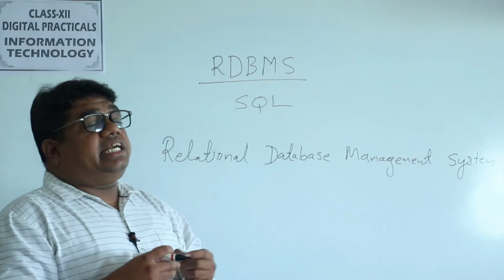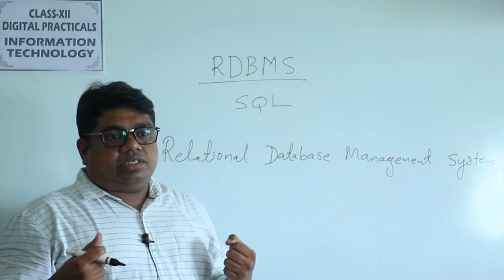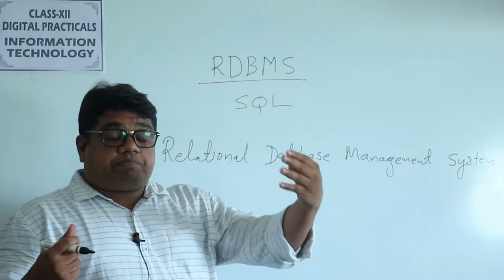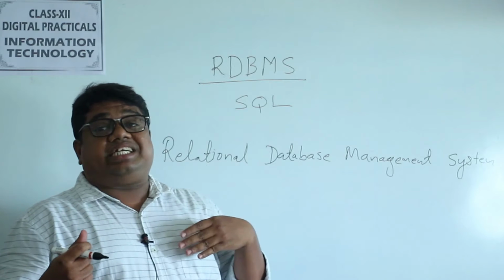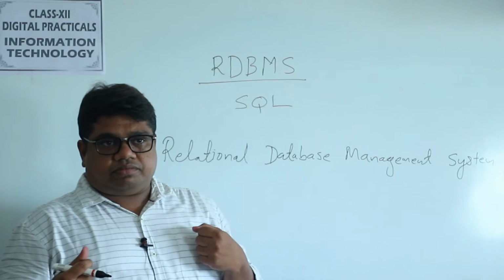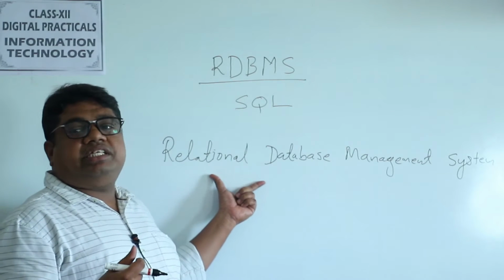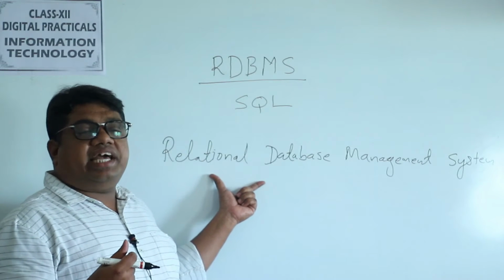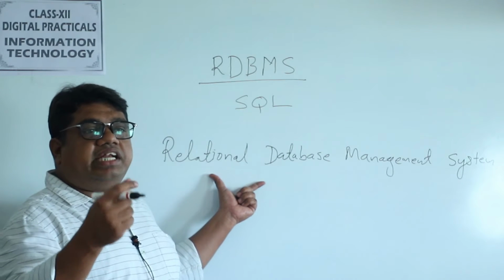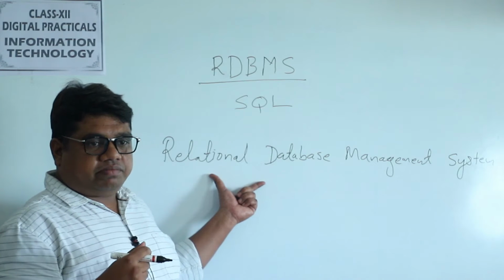And why do we need to store data in computers? So that we can retrieve the data whenever we need it for our use in future. So this RDBMS, relational database management system, was introduced where we can store data, and whenever needed we can retrieve the data and manipulate the data.